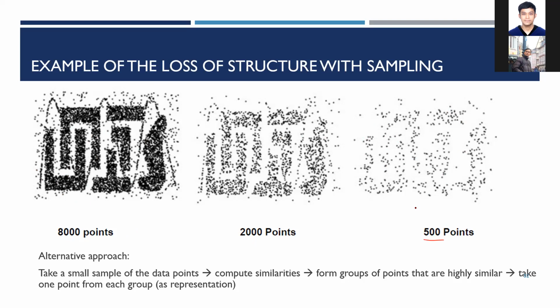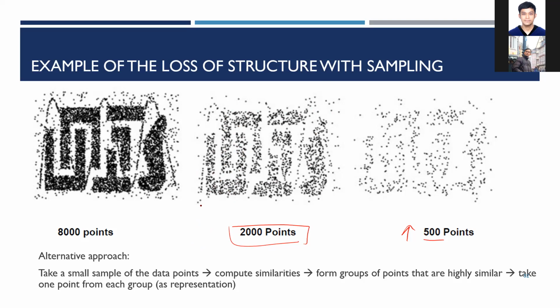So in our algorithm, maybe we increase the number of points in the sample. With 2,000 points, we can see a little bit of the patterns. Then it depends on us whether we want to increase the sample size or not.